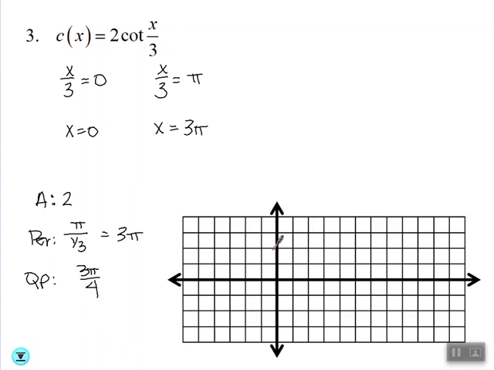So now we need to label our axes. We're going to graph our asymptotes first, which are at 0 and 3 pi.